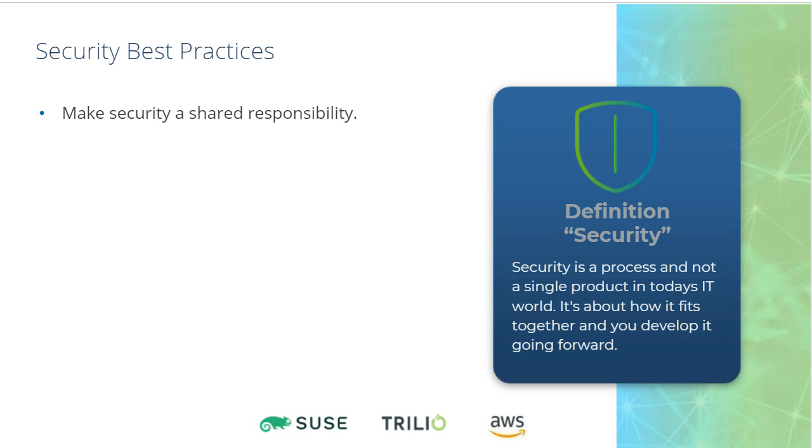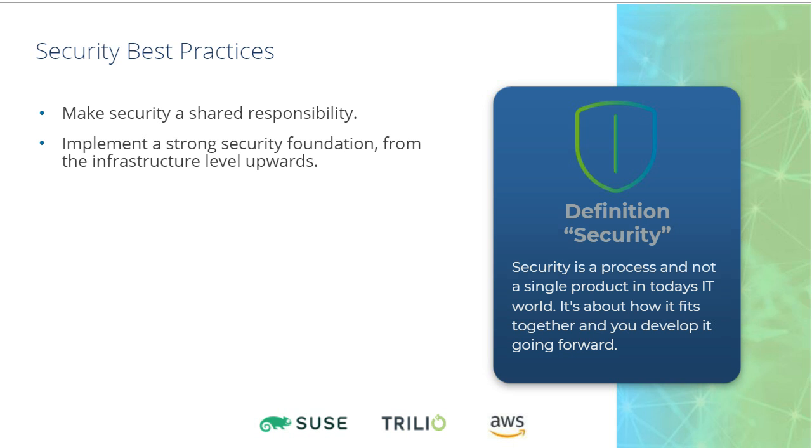This has to be implemented from the ground up, from the infrastructure level to the platform level, to the tool and solution level, and upwards to the workload and application level. This is what I mean by an onion-shaped layer of security.